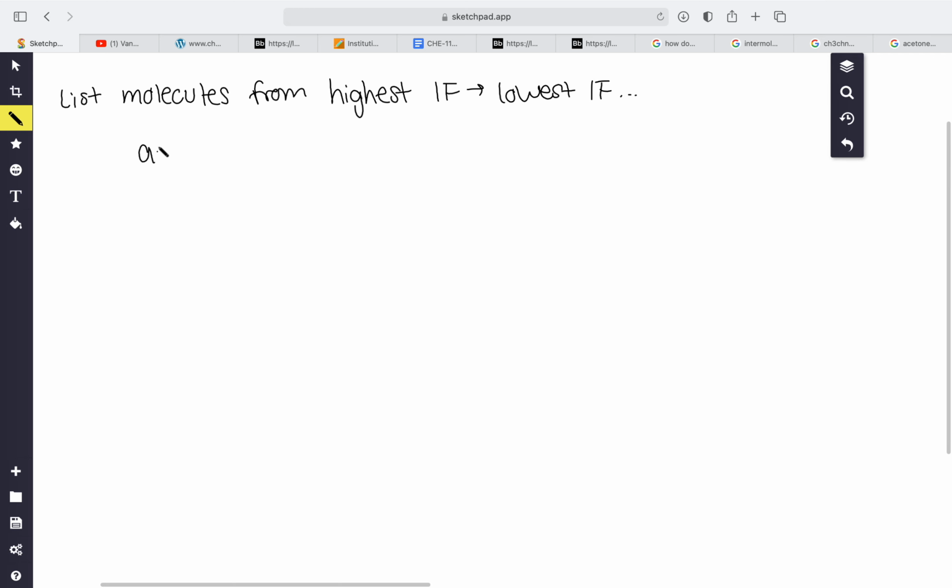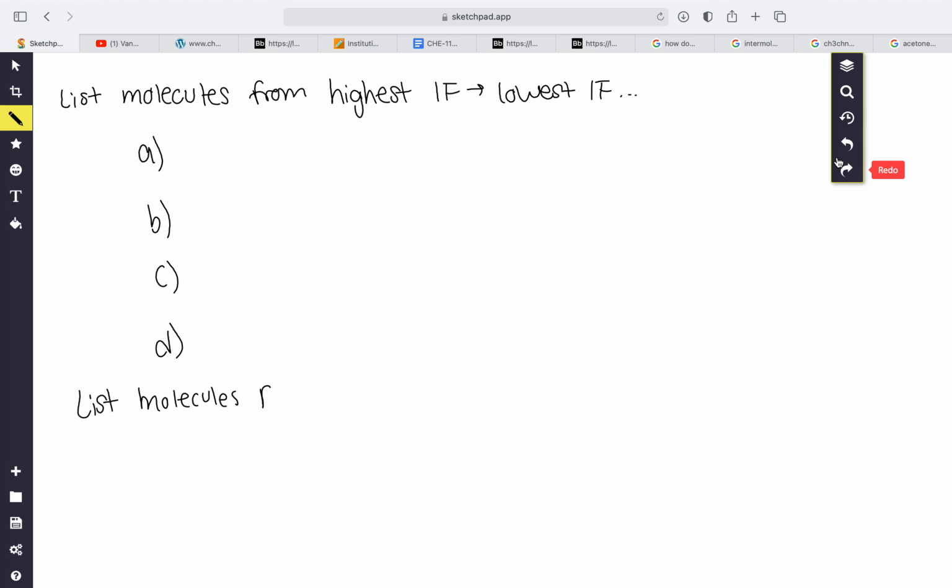All right, so let's say we have A here, B, C, D, and then I'll do the same thing down here. List molecules from, we'll say, highest boiling point to lowest boiling point.